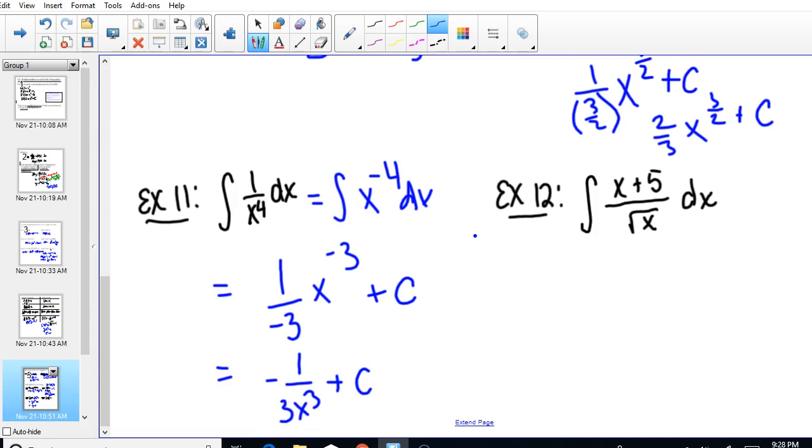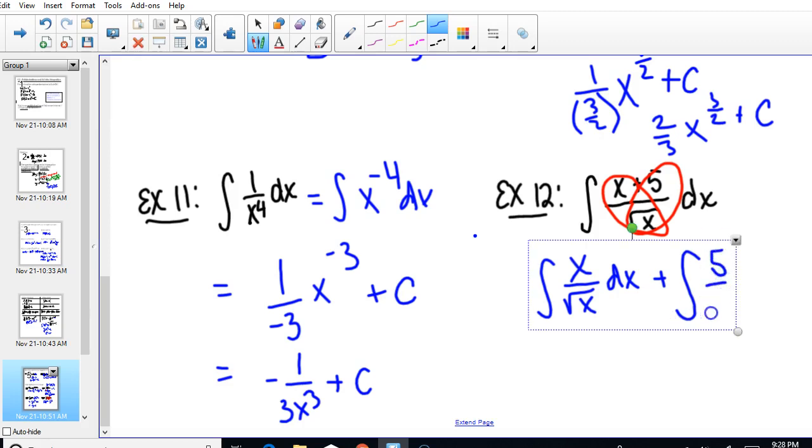For number 12, this looks like some sort of crazy quotient rule sort of thing that we don't know how to do yet, except for this, we can use the love connection here. We can divide both of those in the numerator. So what we can do is we'll have the integral of x over the square root of x dx plus the integral of 5 over the square root of x dx.